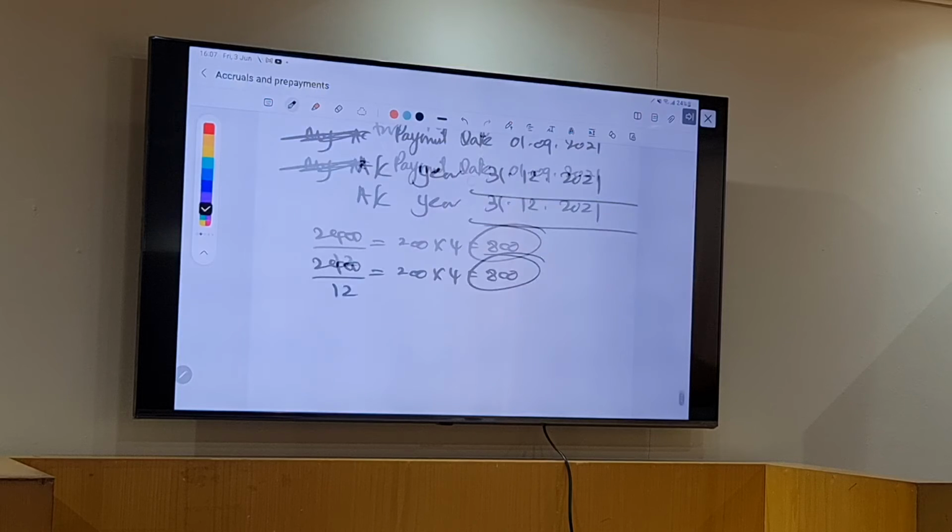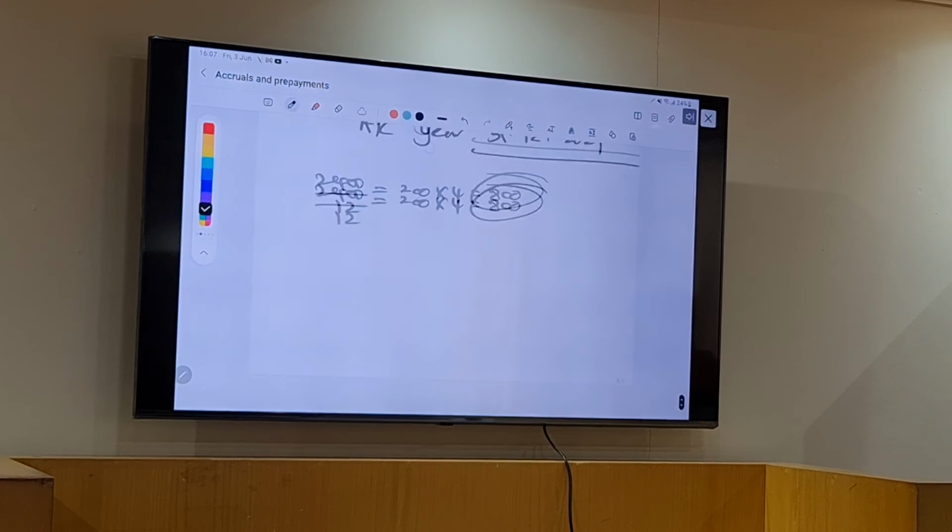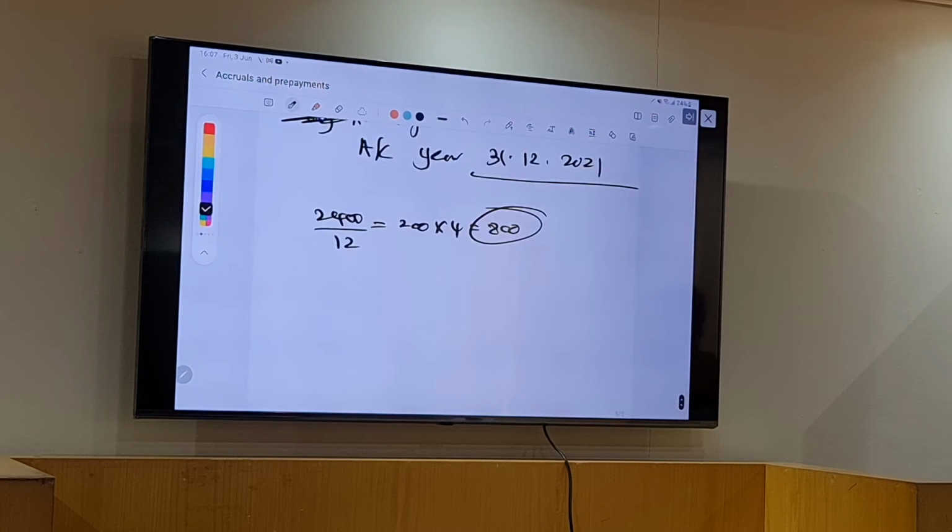That is the expense for that year. So the double entry: at the time of making the payment, I will debit insurance premium 2,400, and then I will credit cash 2,400.